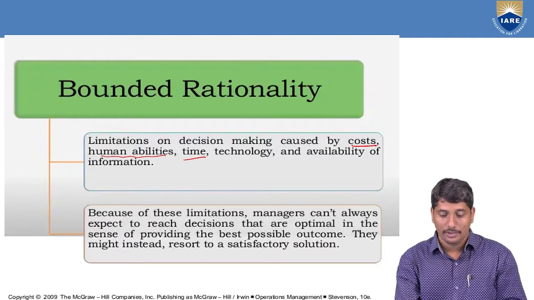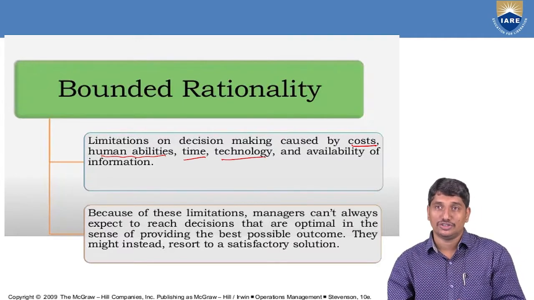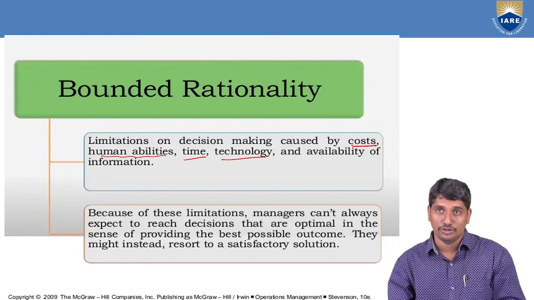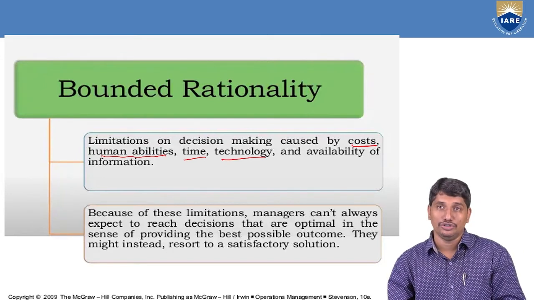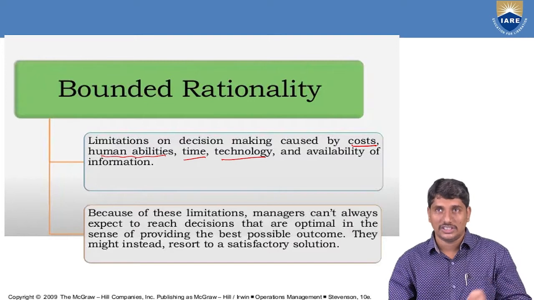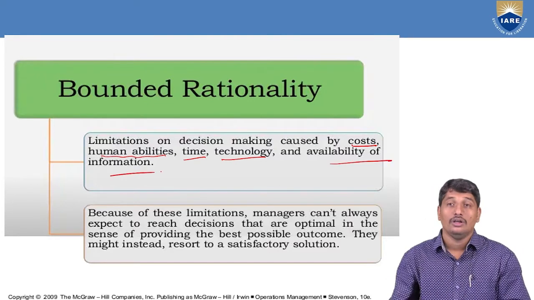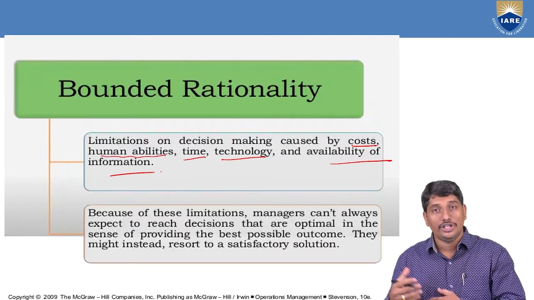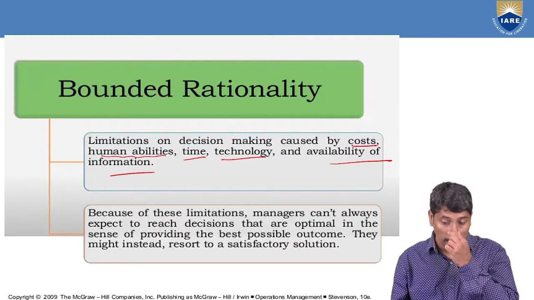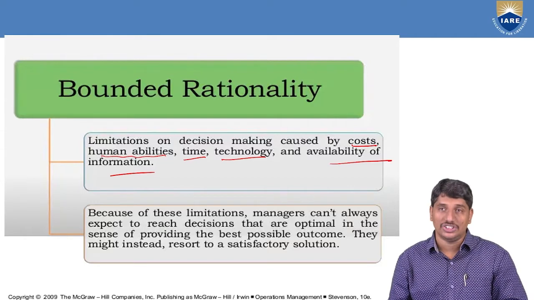Optimal time. Technology: while using the technical resources, we have to use them optimally. We should not use them more than required or less than required. And availability of information: how much information we have, whether we need more or less. So in these particular situations we use decision theory.